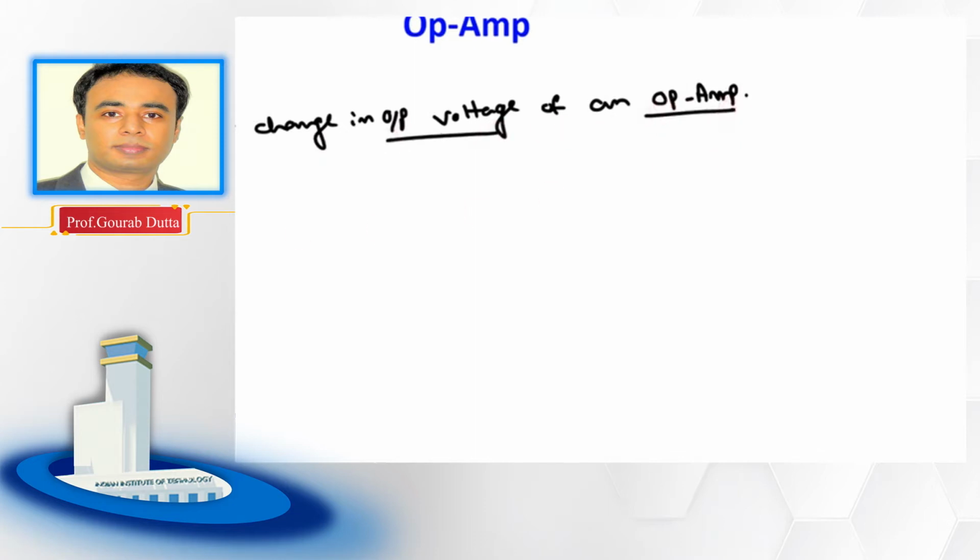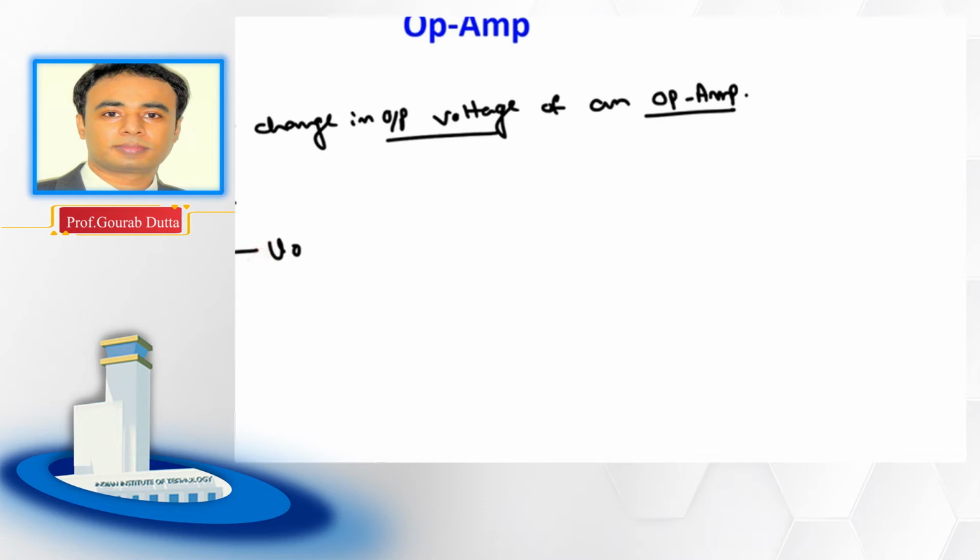Ideally, for example, let us consider the case of a buffer or the voltage follower, where we have applied the signal here. This is the signal applied, this is the output, and the output is basically shorted with the inverting input terminal, right? And here we know that whatever the input, the output will follow that.